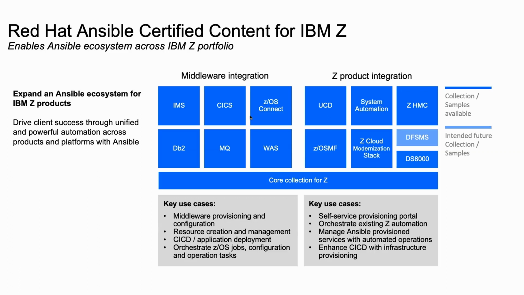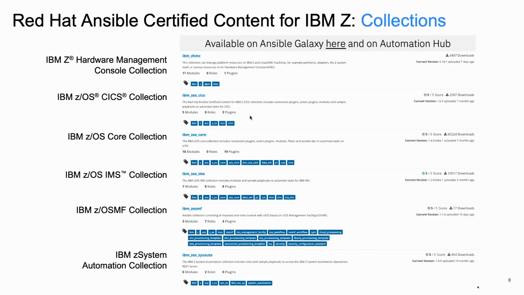Okay, all right, so here is what we have available in terms of what we call collections. For each specific product, we have a set of modules and roles. Today, out of the box for the Red Hat Ansible certified content for IBM Z, we have six different collections. They cover the hardware management console collection. We have a collection for CICS resources.